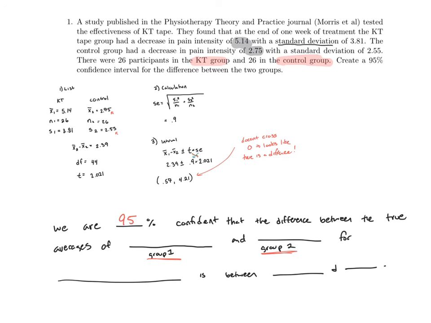So, filling this all in then. We are 95% confident that the difference between the true averages of those who use KT tape and those who don't for decreases in pain intensity is between 0.57 and 4.21.